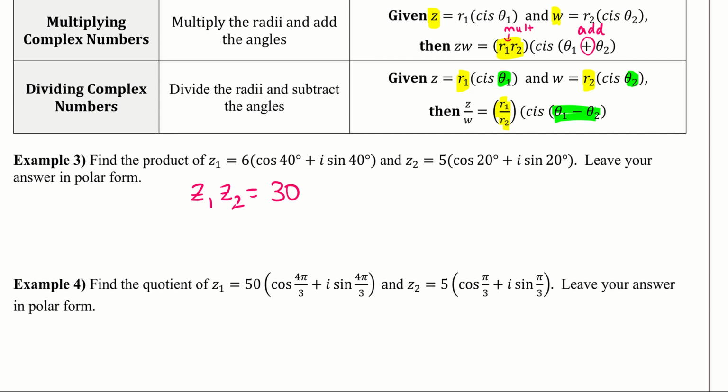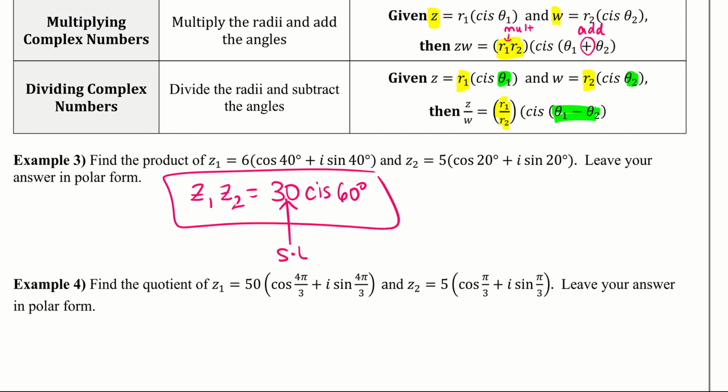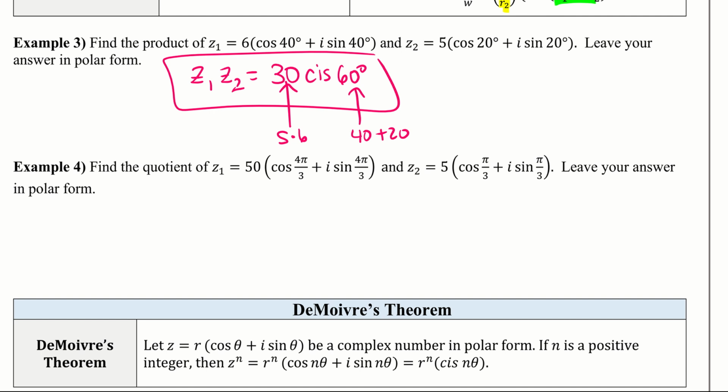And then I will take the angles for their arguments and add them together. Okay, so that 30 came from 5 times 6, and that 60 came from 40 plus 20. We're just going to add those arguments together.